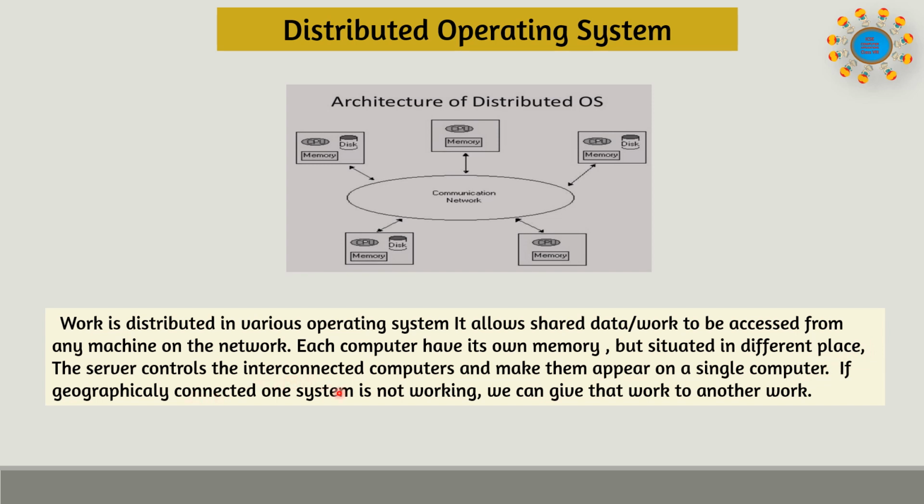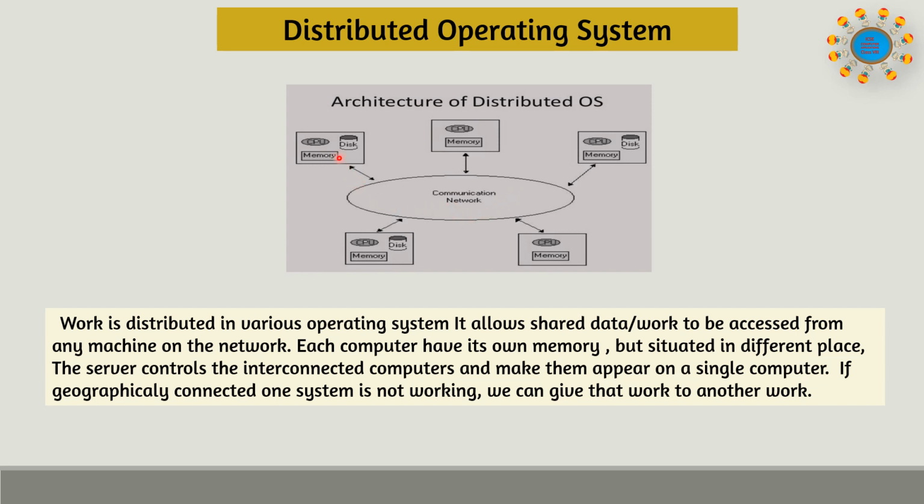The server controls the interconnected computers and makes them appear as a single computer. So the work will be distributed and done in various computers, and the server will be controlling them, and we can send the work to the server so that it appears on a single computer.